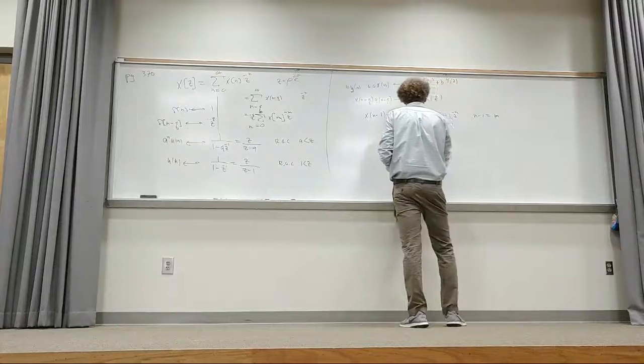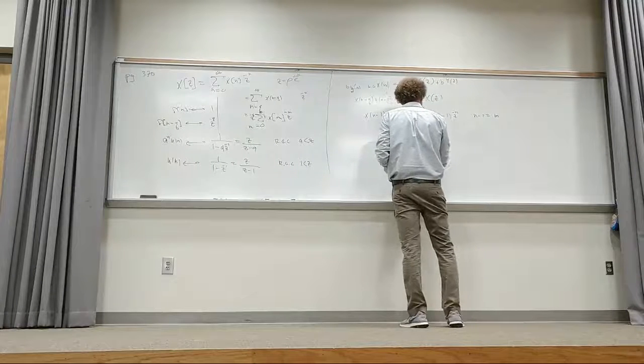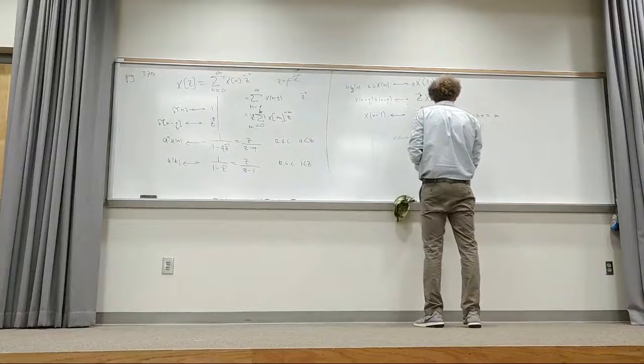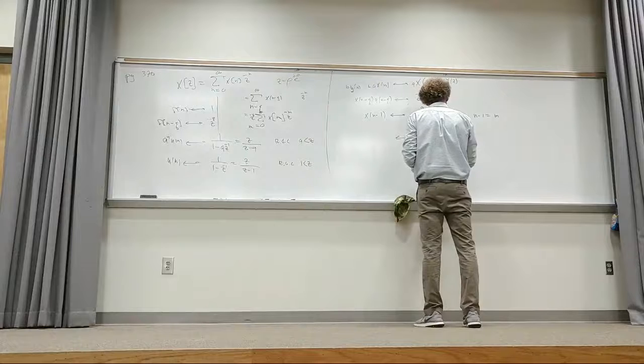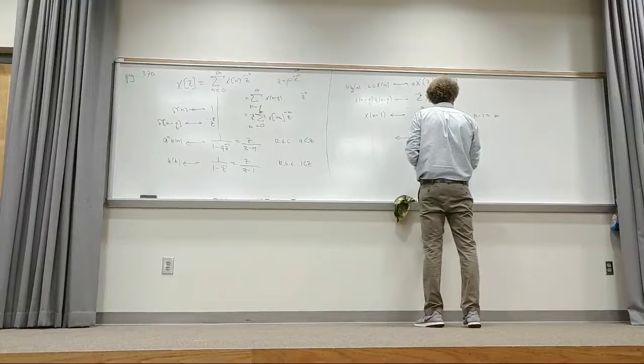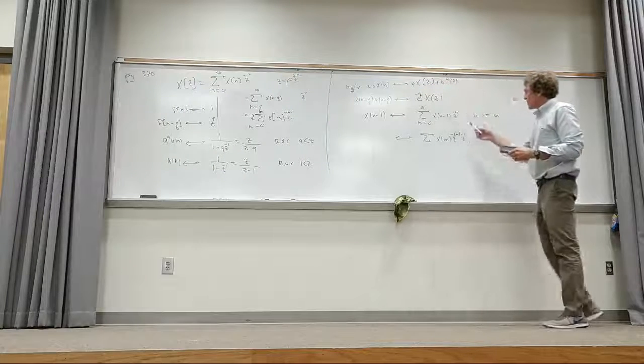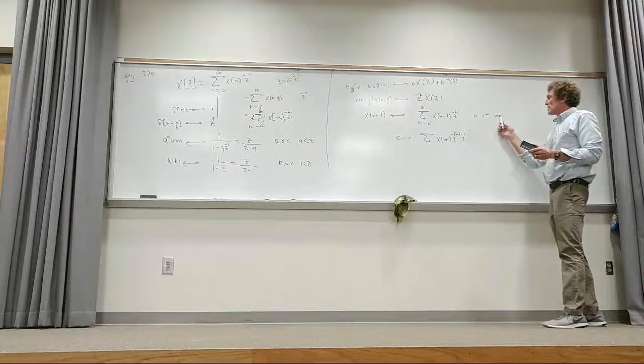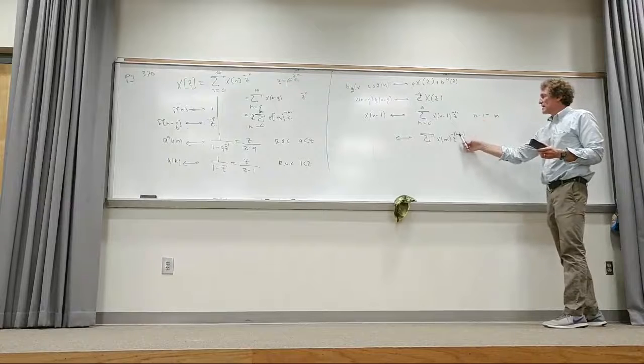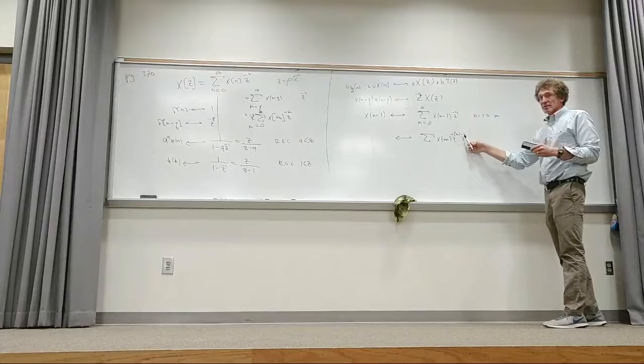So now I've got this summation, and now I have x of m, and then it's going to be z to the minus n, but n is equal to m plus 1. You'll notice when I replace n here by m plus 1, I get z to the minus m times z to the minus 1, right here, right?